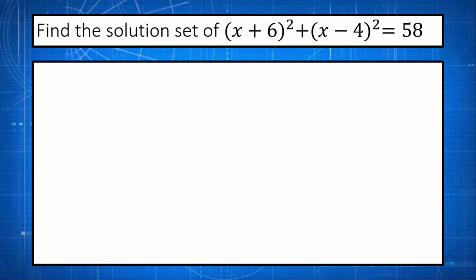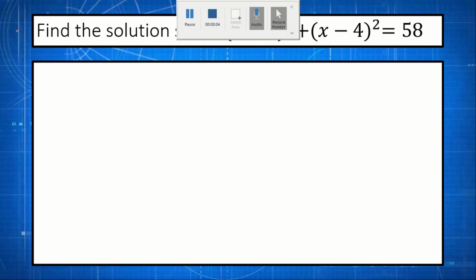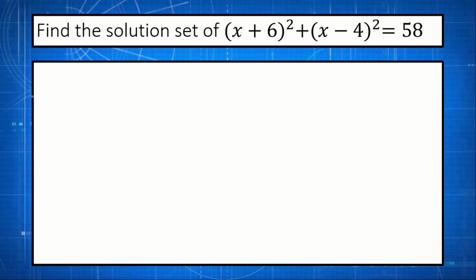Okay, after we get the roots of the quadratic equation, we're going to verify if they will satisfy the original equation. So we have again the roots. We have x is equal to negative 3 and x is equal to positive 1. So we substitute first x is equal to negative 3 to our original equation.